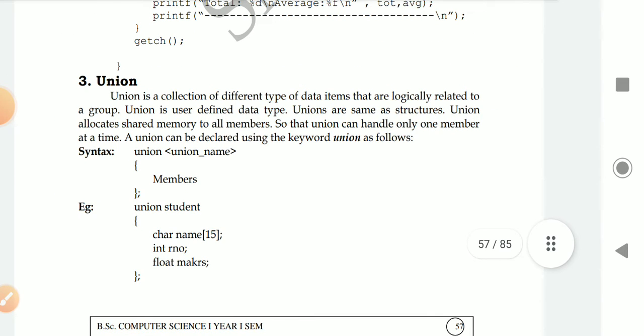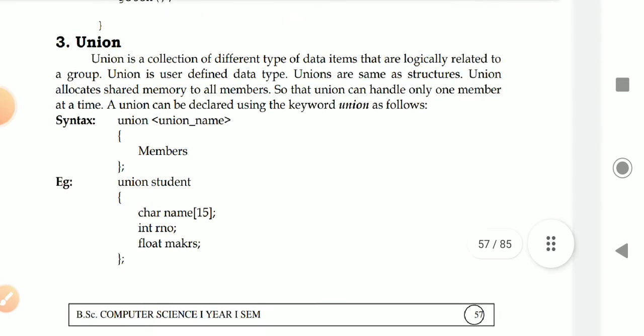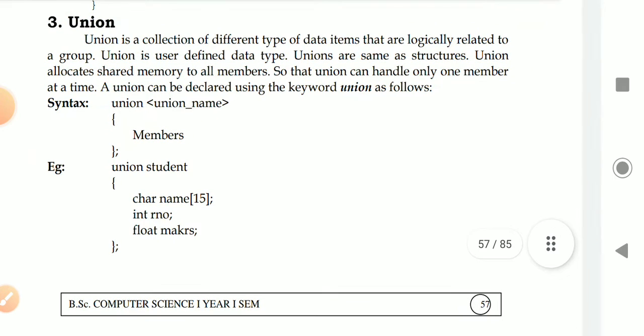Whatever the structure definition, the union definition is the same. The structure is also used to combine the different data items into one group, and union is also used to combine the different type of data items in a group. So what is the difference?